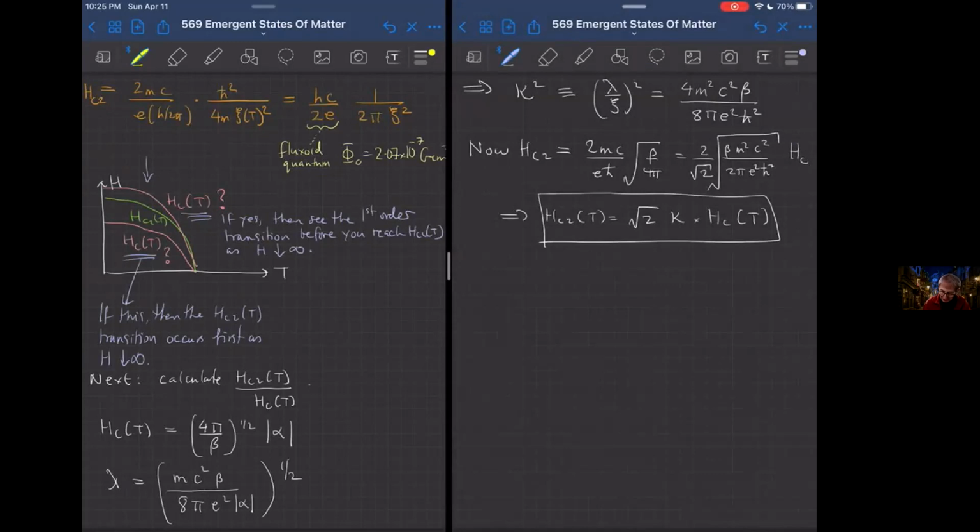So we can see that HC2 is going to be greater than or less than HC depending on the magnitude of this square root of 2 times kappa. So what we learn from this is that if kappa is greater than 1 over the square root of 2, then HC2 is greater than HC, and so that means that we get a continuous transition.